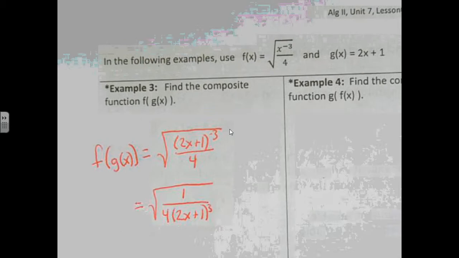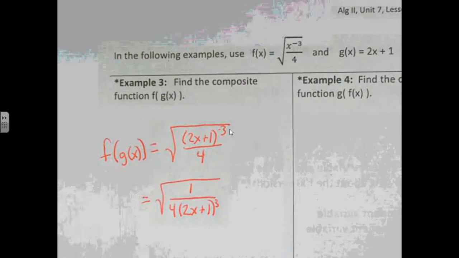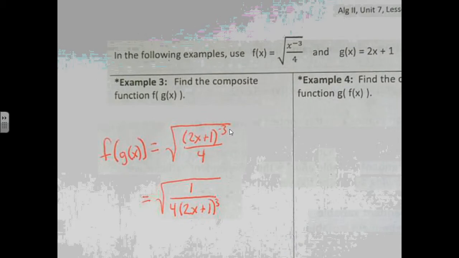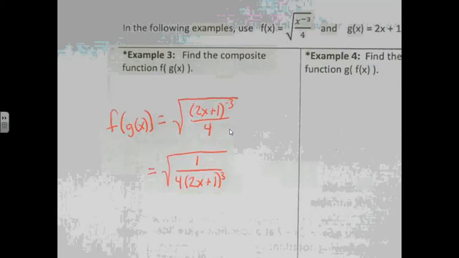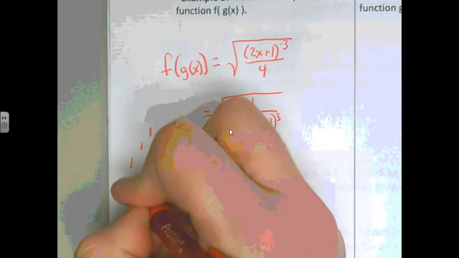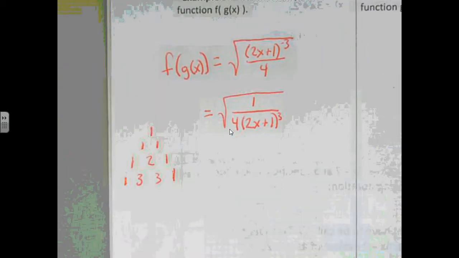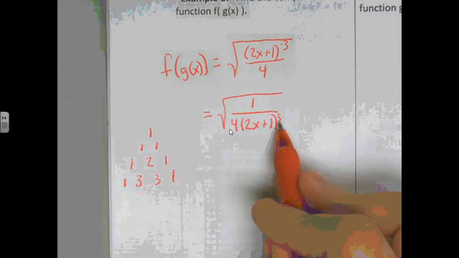And then, because I like to review, you guys like to review too. Level 0, level 1, level 2, level 3, right? Or 3 because there's a 3 here.